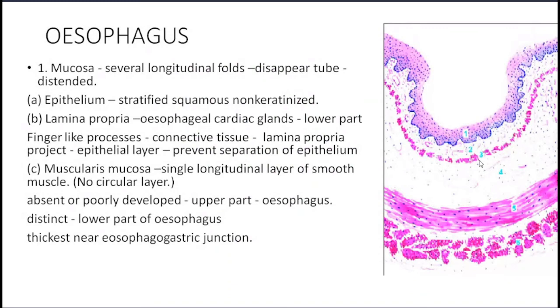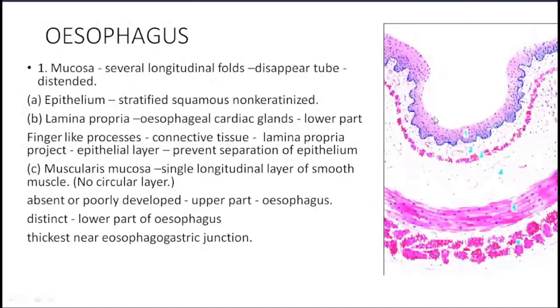Now what are the differentiating features of all these layers to identify the organ? We are going from inside out, so first the mucosa. Here the mucosa shows several longitudinal folds. You can see this folding, up and down. This is the complete fold of the mucosa.